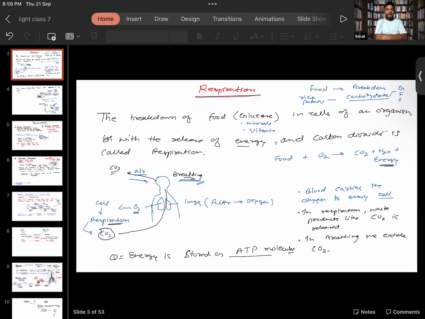Then you have other glands in our body that have different functions to perform. For example, the pituitary gland in the brain is the master gland, and it secretes growth hormone. If the pituitary gland secretes much more growth hormone, then the person will be gigantic.